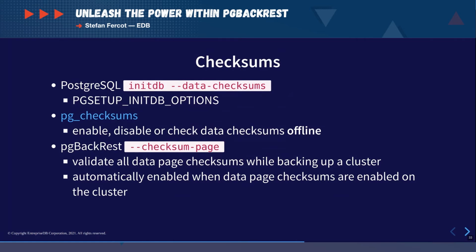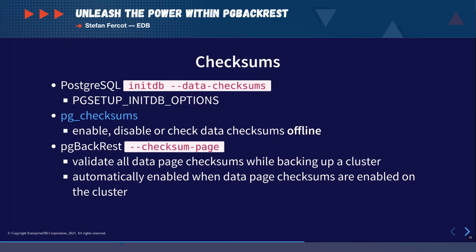My recommendation is, when you create a new cluster, enable data checksums. We have this nice tool named pg_checksums in Postgres that can enable, disable or even check data checksums, but only when your cluster is offline. If your cluster is pretty big, it can take time to bring it down, check the checksums and so on. That's not very handy.